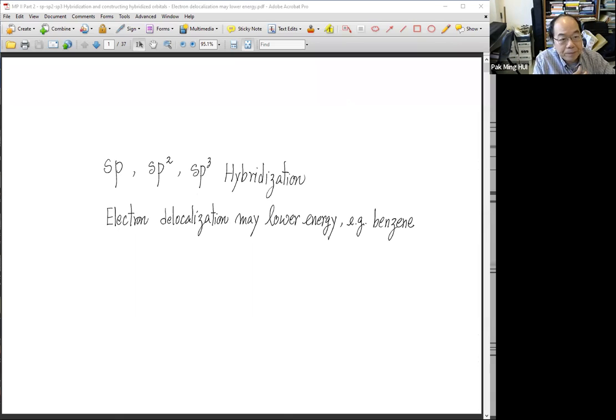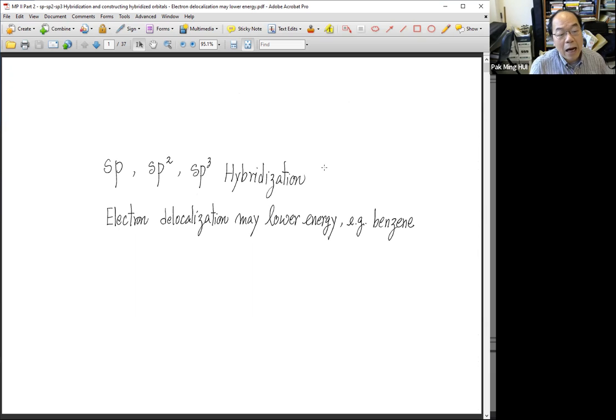So now with LCAO in mind, the goal of the next part is I try to make some previous concepts that you may have heard of less mysterious. The first thing is hybridization. I think you have heard about sp2, sp3, things like that, in graphene, in diamond, in silicon.